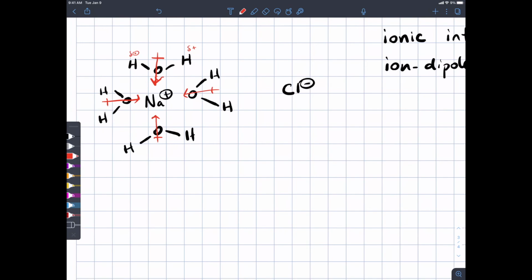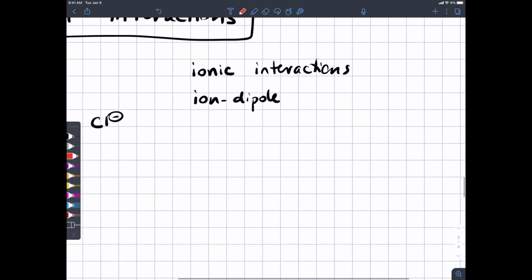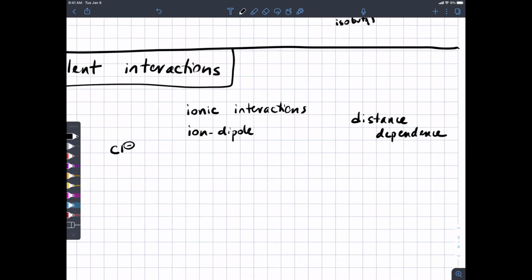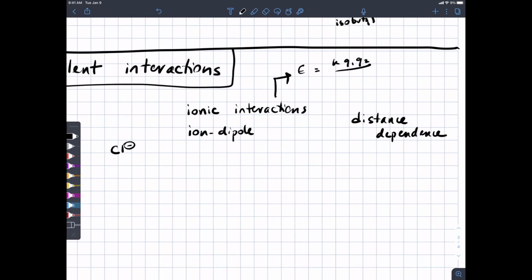One consistent thing between ionic interactions and ion-dipole interactions, and really all of the things that we'll talk about today and next time, is distance dependence. For ionic interactions, Coulomb's law has the form, I forget, it's force, or we could do energy. K, charge 1, charge 2, and R is in the denominator.